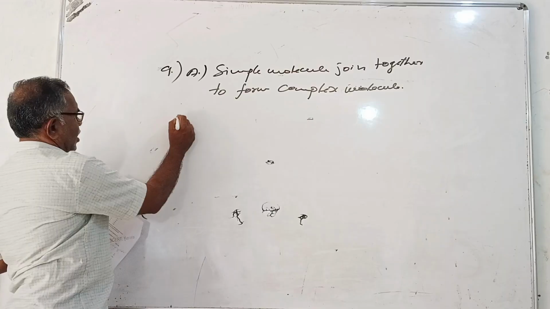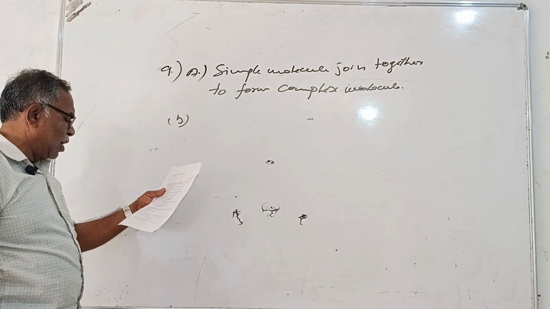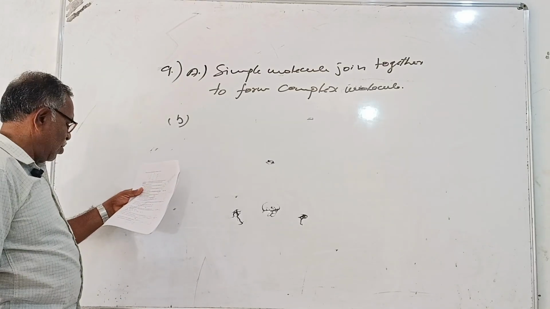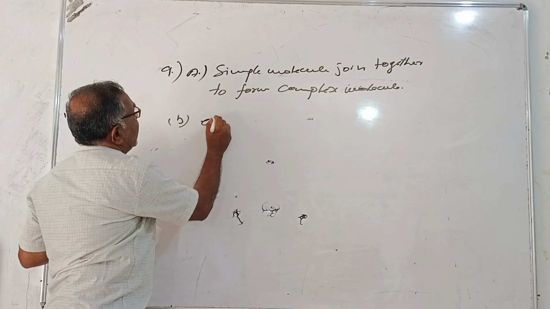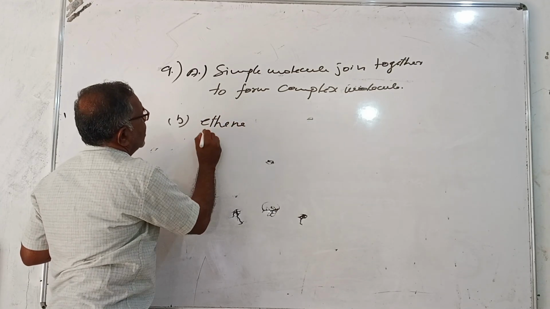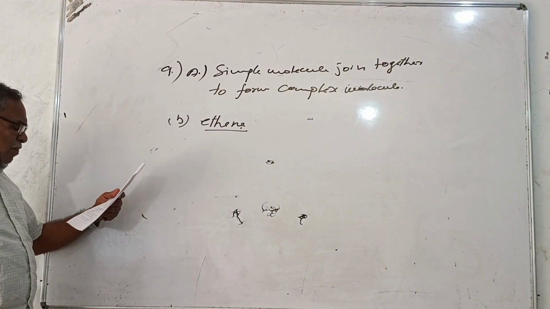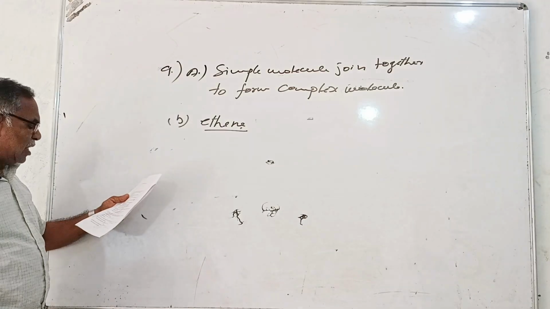Question B. What is the name of the monomer of polythene? The answer is ethene. Ethene, when it polymerizes, gives polyethene, or we can simply say polythene.